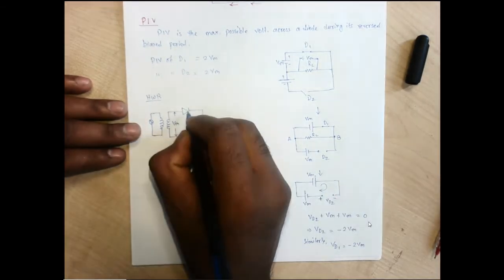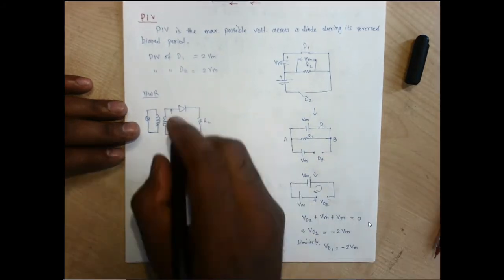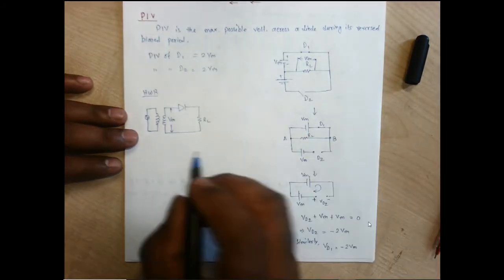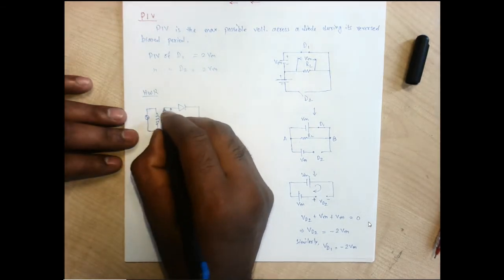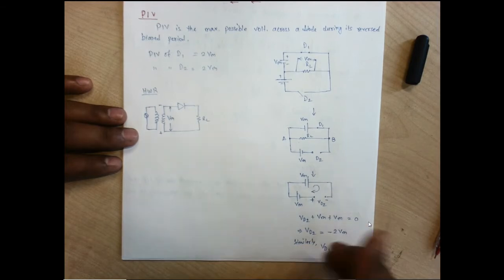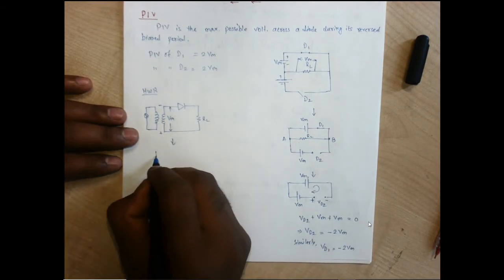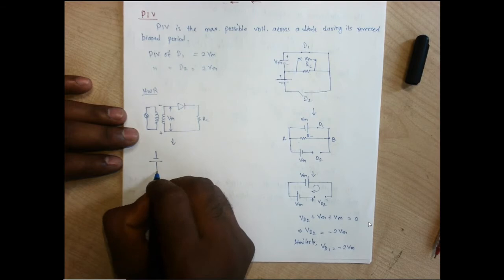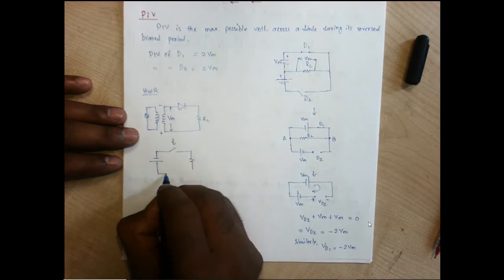We need to find out what voltage is coming across this diode under reverse bias. Under reverse bias this is supposed to be negative, this is supposed to be positive. When this part is negative and this is positive, this diode will be open circuited, this is our RL.